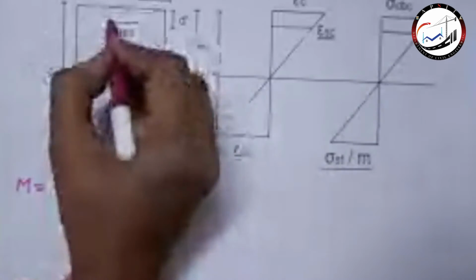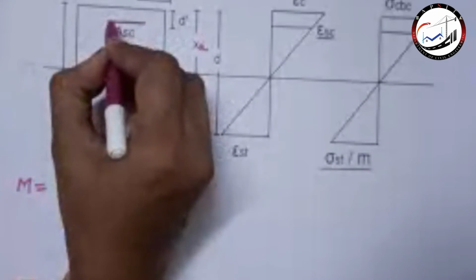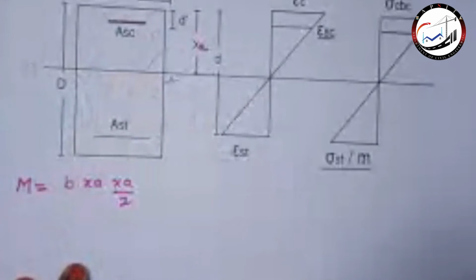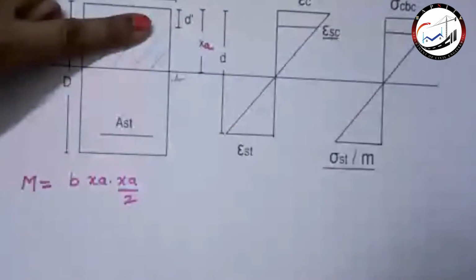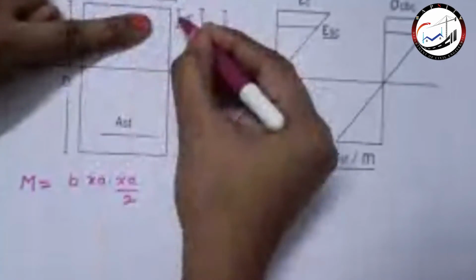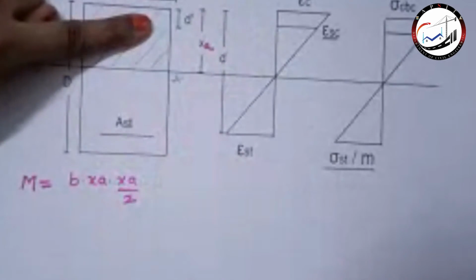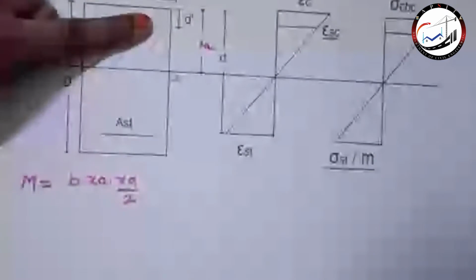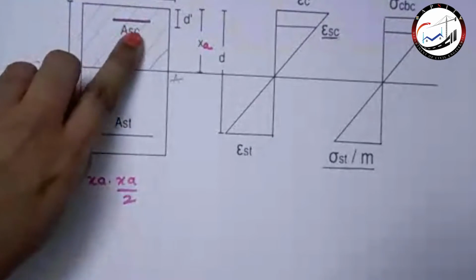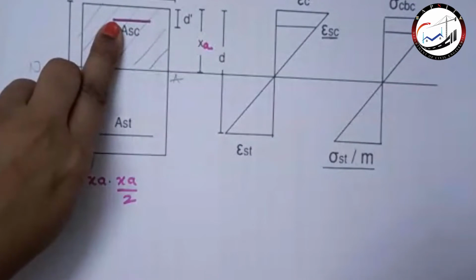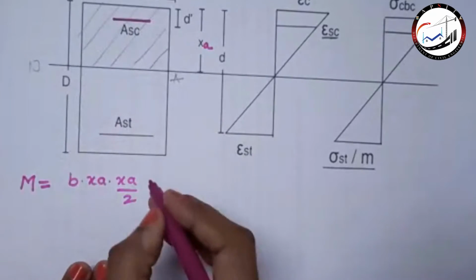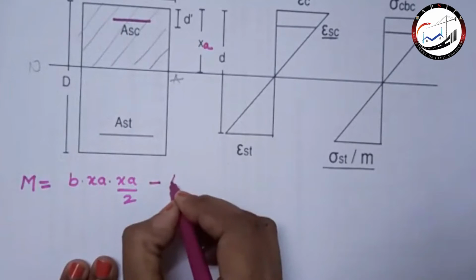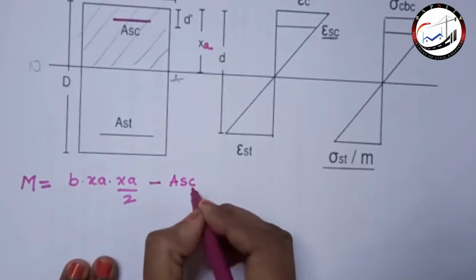Because of this ASC provided, area of the steel which is provided in the compression zone, if you remember, in the singly reinforced, we were not having this. So what we did, it is B into XA by 2. But now this area will be reduced. Why it will be reduced? Because this ASC has come into picture. So I need to reduce this particular area. This is what? Minus ASC.